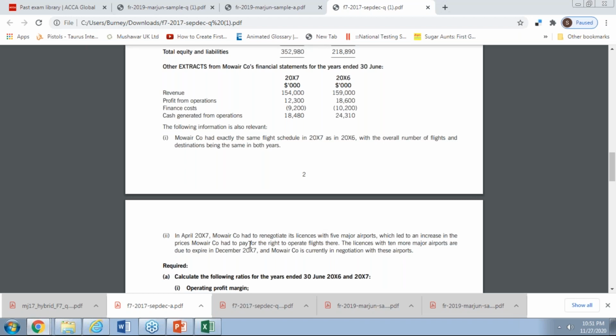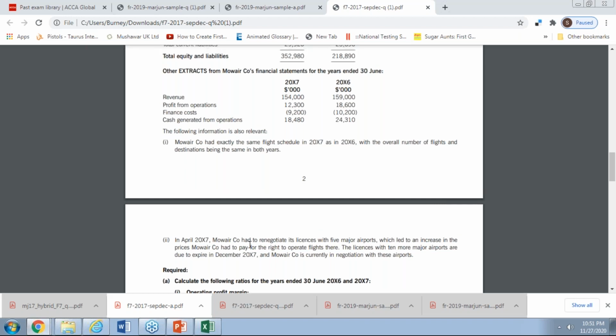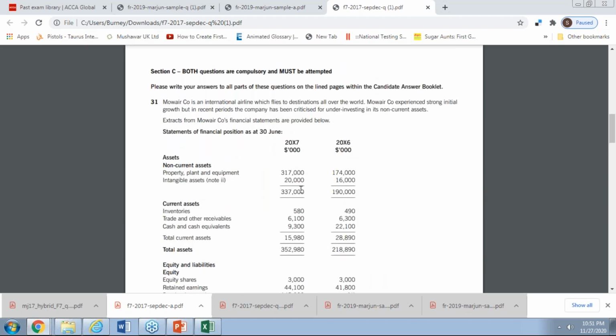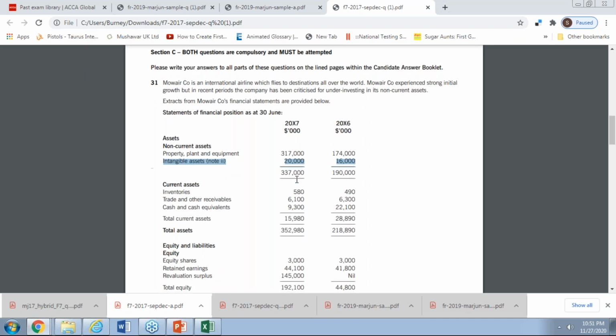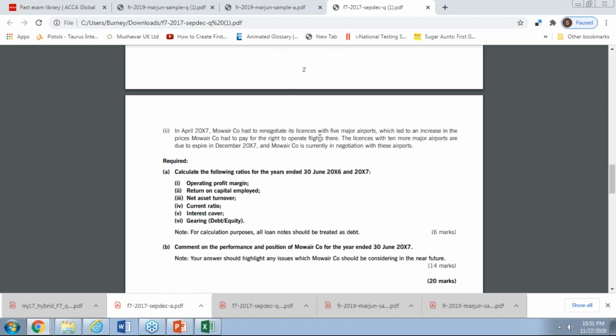It means that the company has invested a big amount of capital into the license. So if the company has invested a huge amount in the license, that's the reason the cost has increased from 16,000 to 20,000. So the company has invested the amount in the license, and we all know that whenever we have got a license, we have to charge the amortization of that license.